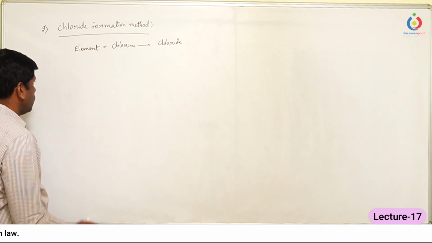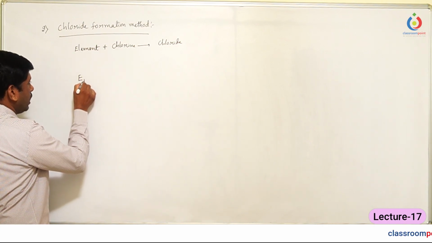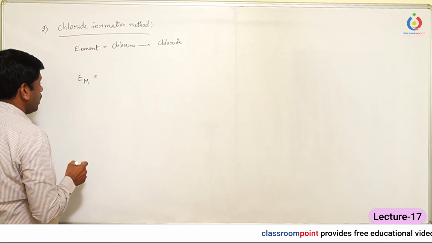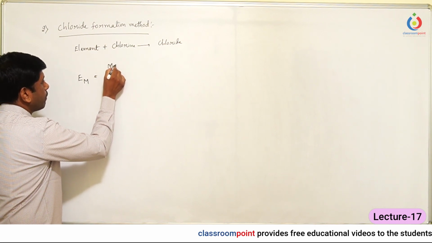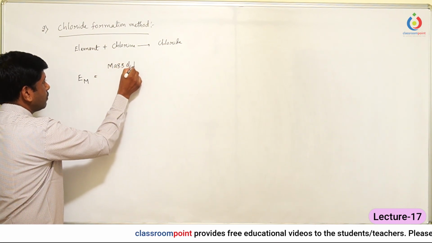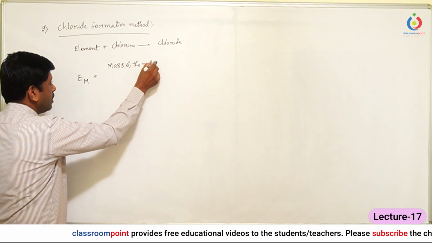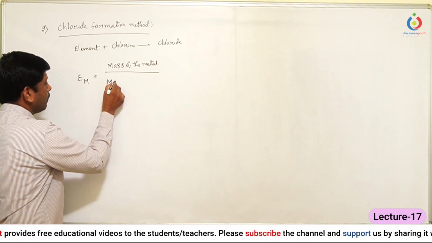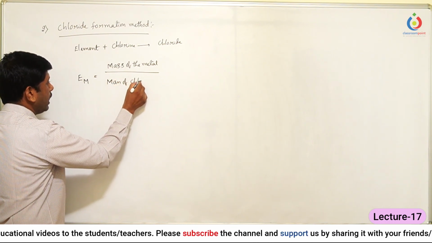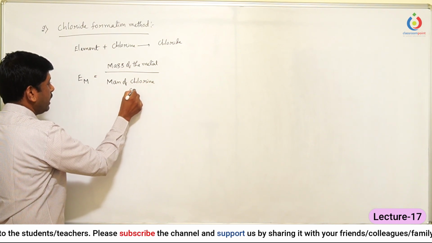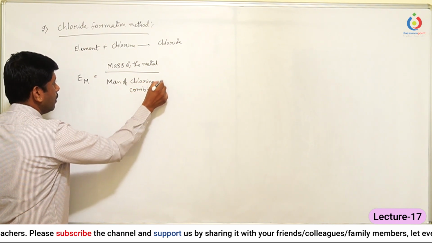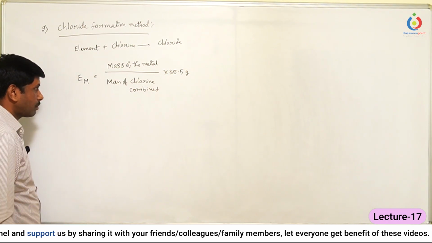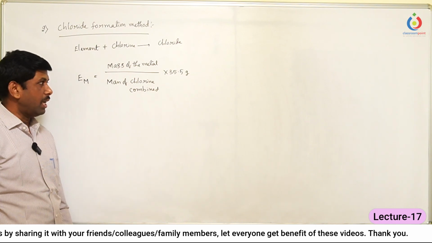In such cases, how to calculate the equivalent mass of the element or metal? Let us consider it as a metal. The equivalent mass of the metal is equal to the mass of the metal, in case of an element the mass of the element, divided by the mass of chlorine combined, into 35.5 grams, then you will get the equivalent mass.